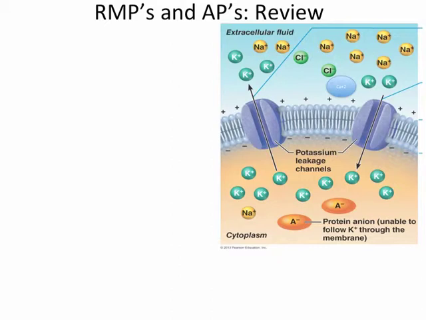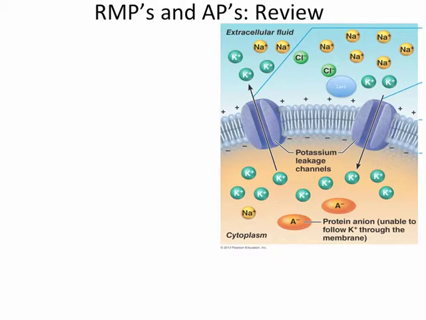There's also on the inside of the cell a big orange circle, well, kind of an oval with an A minus on it. That stands for big proteins inside the cell that contribute to the negative electrical charge inside the cell, but they can't leave the cell. So the proteins are too big to get through any of the channels in the plasma membrane.